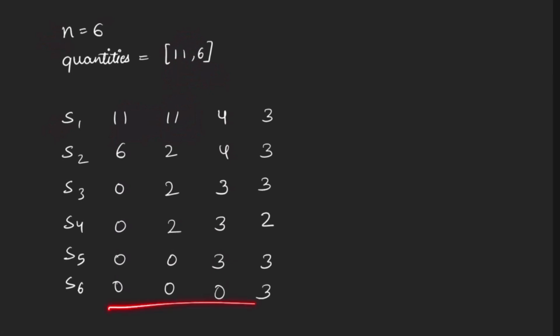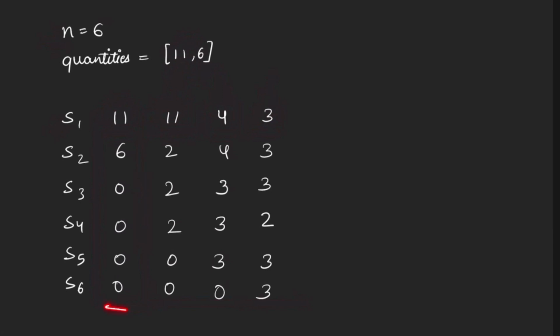So like this, there can be multiple combinations. Now what you need to do is see in each combination, what is the maximum quantity that you have assigned to any store. In the first it is 11, in this case also it is 11, in this case it is 4, and in this case it is 3. So whatever this maximum number is, that you need to minimize.